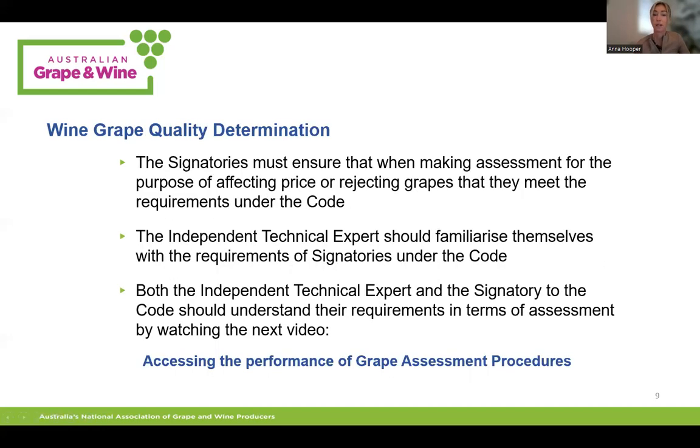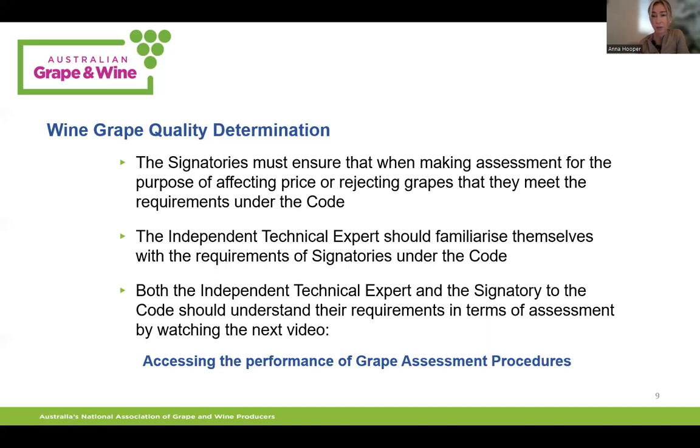The role of an independent technical expert is to determine whether the grapes have been assessed according to the specifications contained within the agreement. So this is different to a pricing expert and requires a different set of skills and expertise.